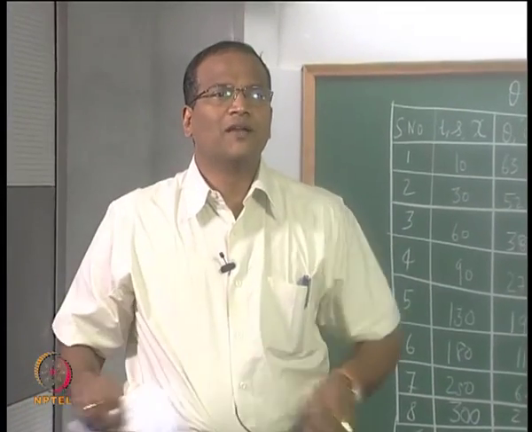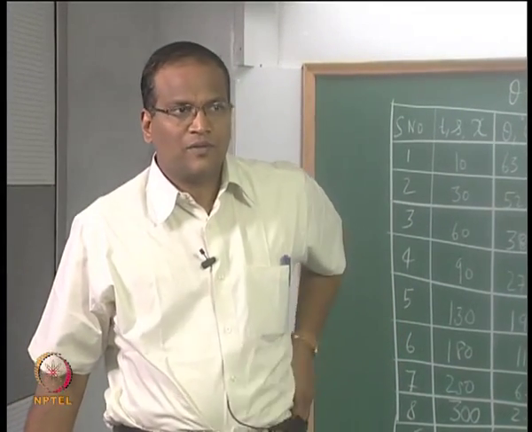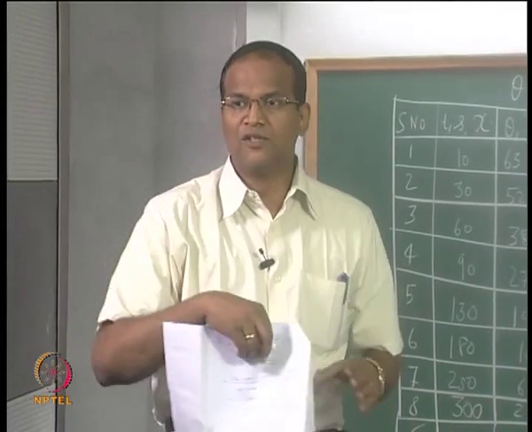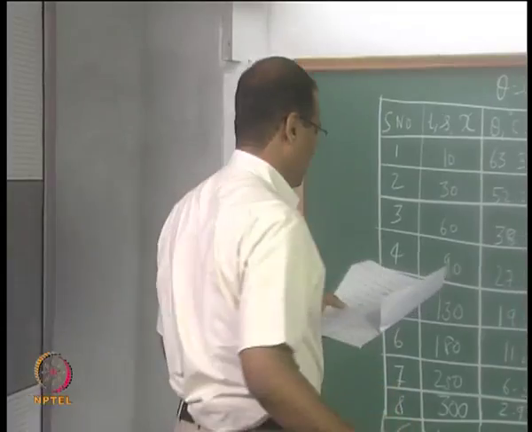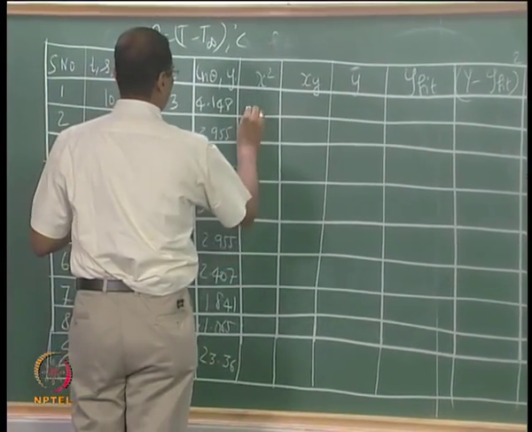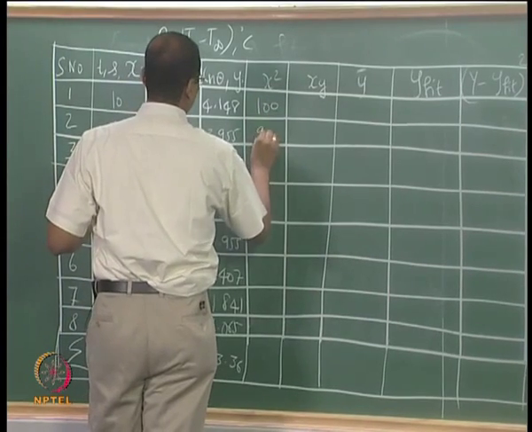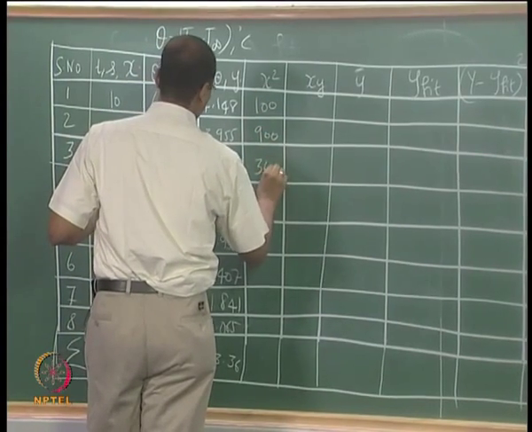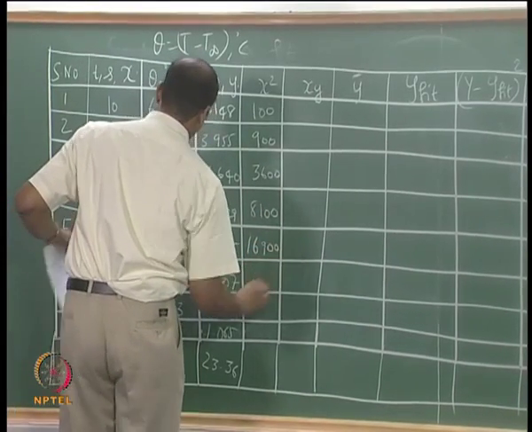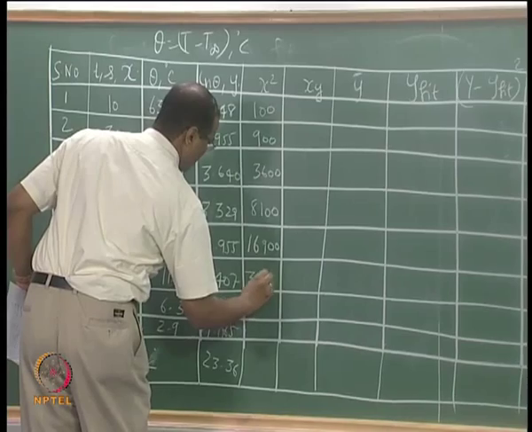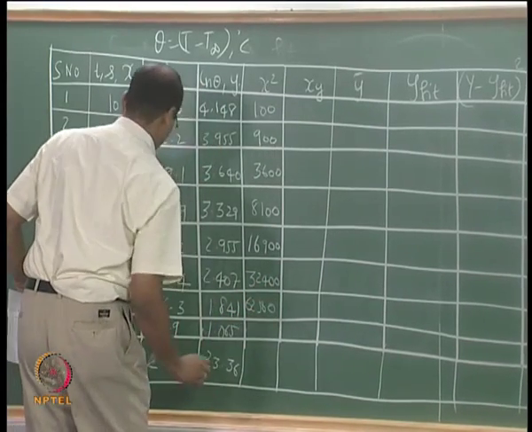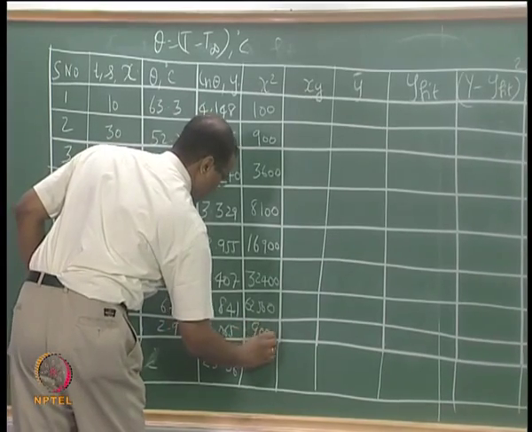How many of you got the x square? Some 211,260 something, right? Okay, so x squared is 100. Correct?